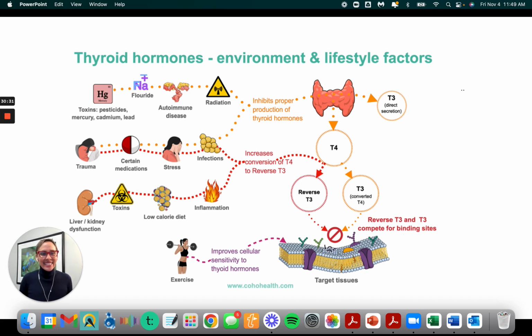So we're getting to the end here. Thyroid hormones and environmental lifestyle factors. This is what I just said, but it puts it in a different schematic. Certain toxins inhibit the actual production of thyroid hormone. Certain traumas, medications, stress or infections do two things: they decrease the conversion of T4 to T3, and they increase the conversion of T4 to reverse T3, putting the brakes on.